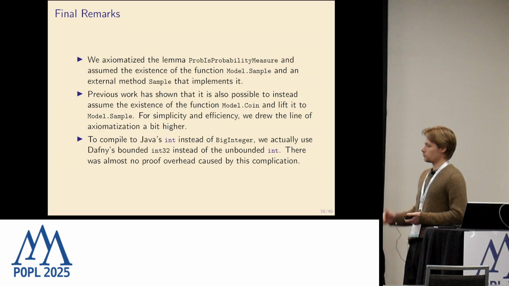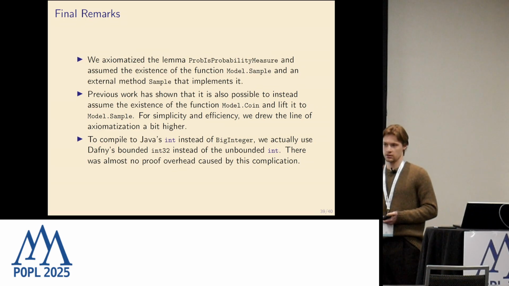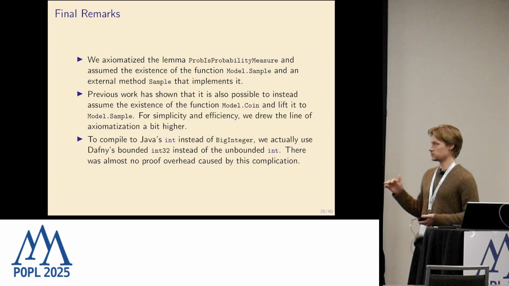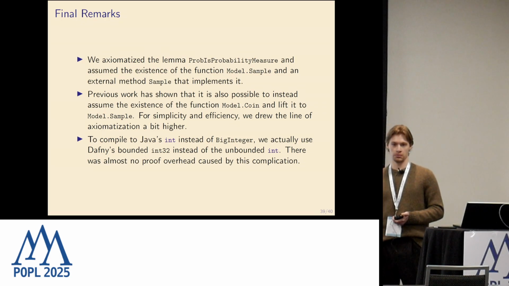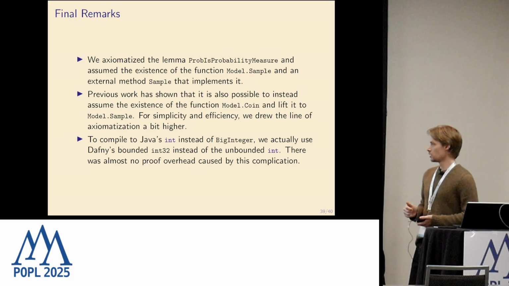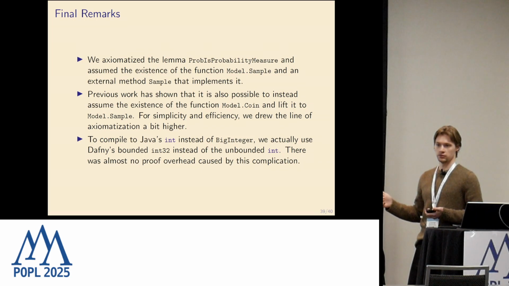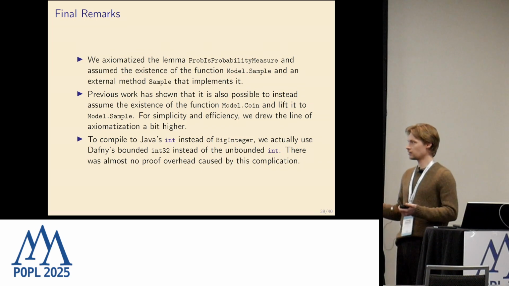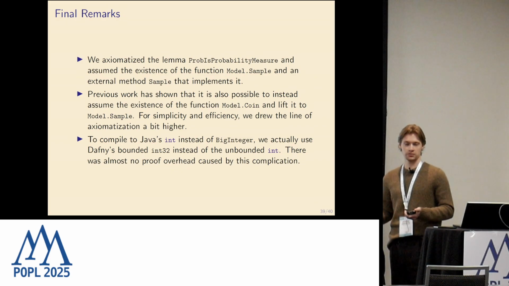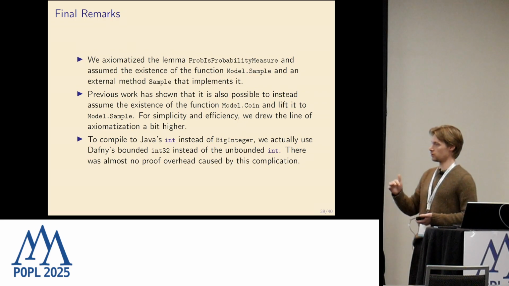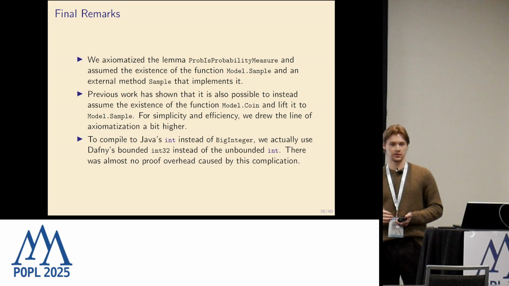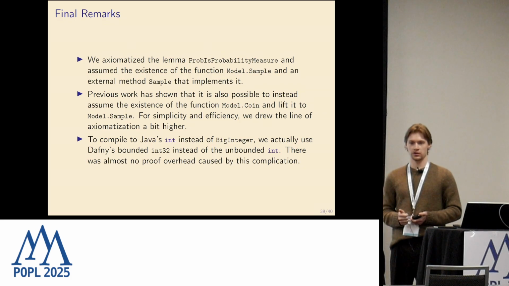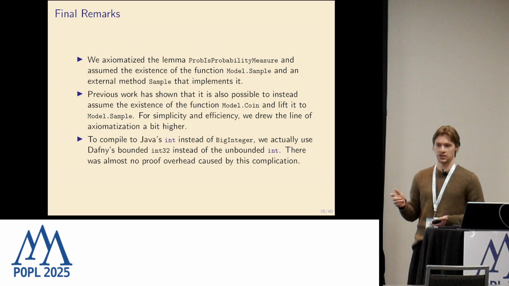And even though we draw the line of axiomatization on the level of the uniform sampler, you could also go a bit lower by just assuming a coin flip, so uniform 0 and 1, and then lift that to define a uniform sampler. Again, it's well known that this works, but here we have drawn the line a bit higher for simplicity of the proofs, but also for the efficiency of the actual shuffle, because instead of defining your own uniform sampler, it's easier to use an external one already instead of lifting the coin flip.